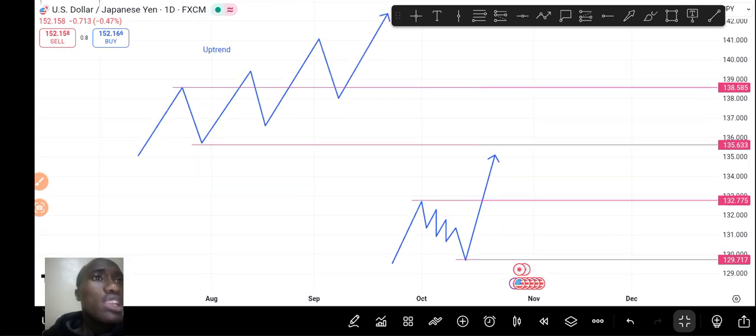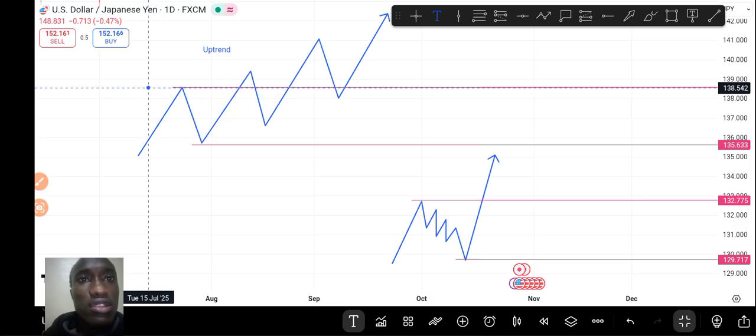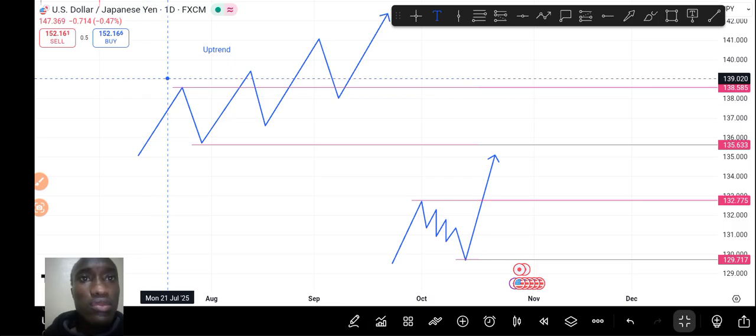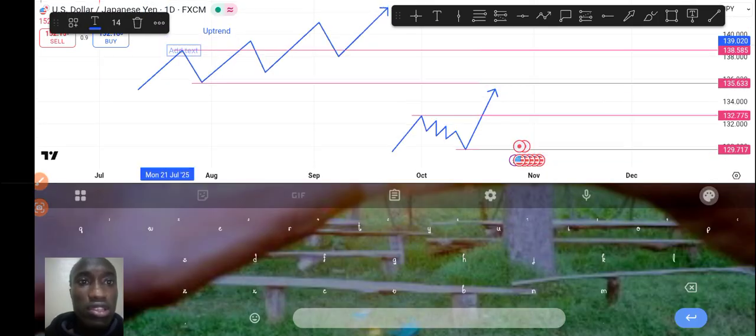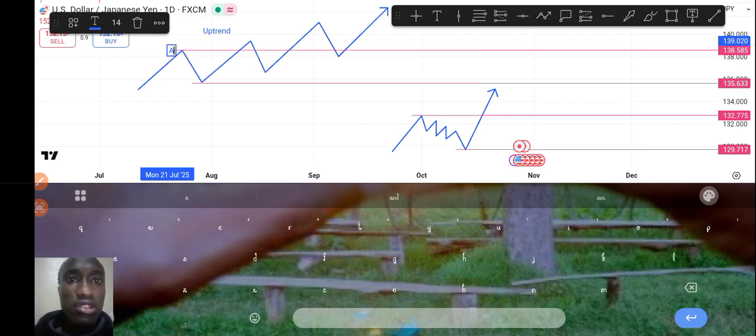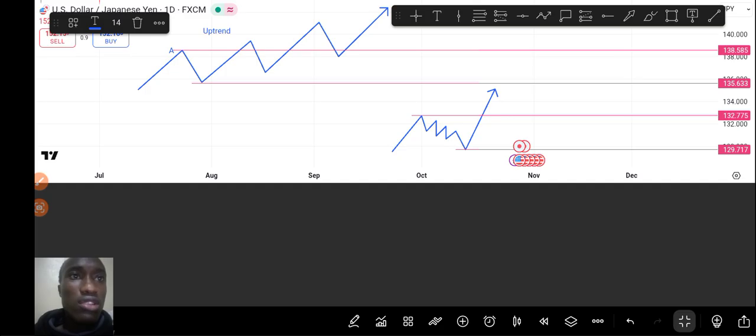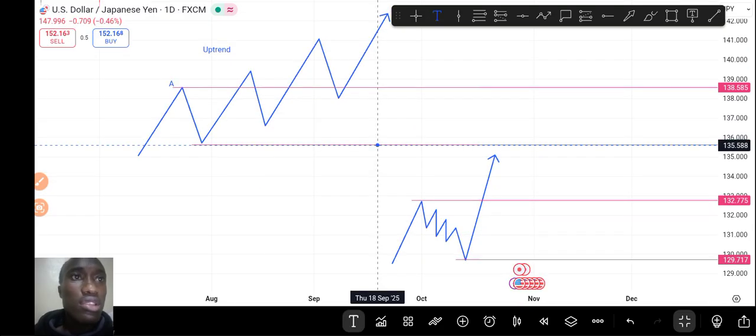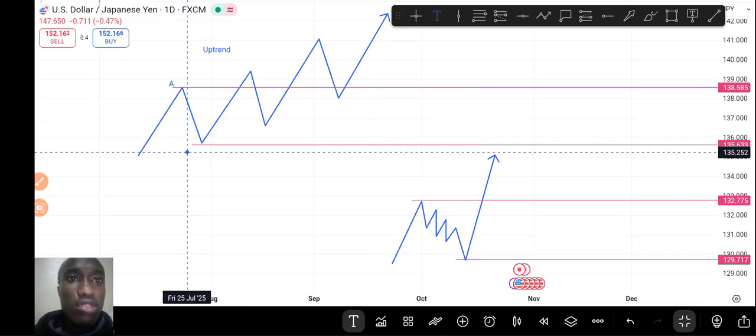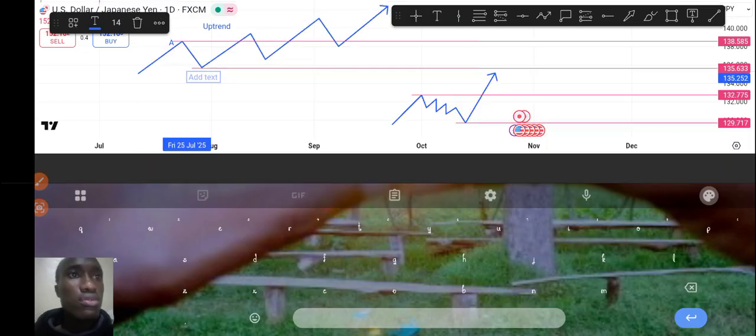Now let our point A be this point. Let me move this one so that this is our point A, and then down here we have our point B. The same movement. I want us to compare the two.